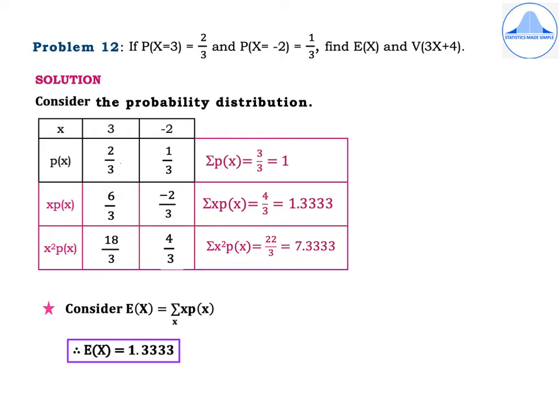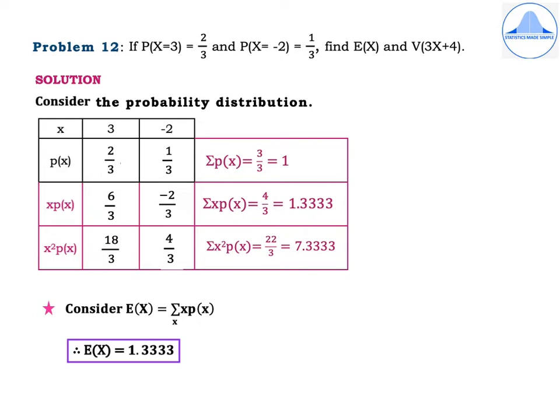So if you observe carefully in the given problem, small x is 3 and it also takes the value minus 2. So in the first row of the table, you have x as 3 and minus 2. And in the second row, write down the corresponding p of x values, which is 2 by 3 and 1 by 3. So you get summation p of x is equal to 3 by 3, which is equal to 1.